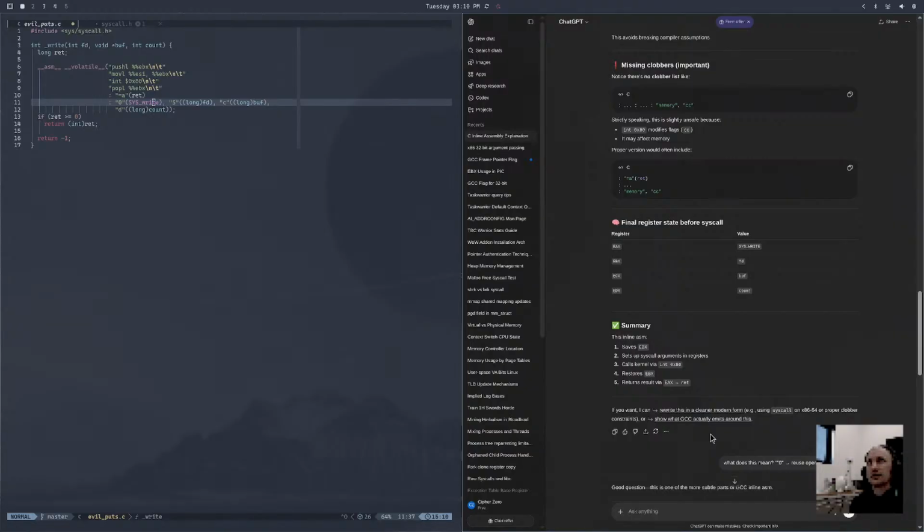Okay, let's continue deciphering it. So it's pretty cryptic, I have to admit. But this line is super important. This is the inputs line. And it says whatever register is being used for the output, which is EAX, write into the register at the beginning the value syswrite.